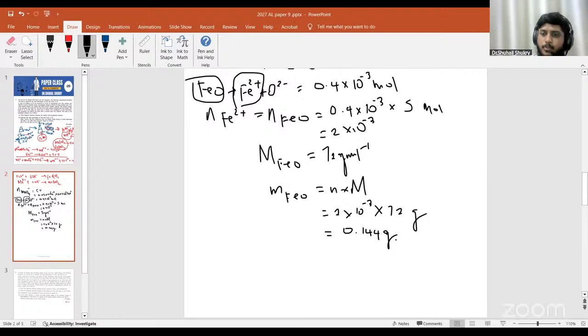With this 0.144 grams I can get the mass percentage of FeO as 0.144 over the total mass, 0.48 gram. If I want the percentage, I multiply by 100.